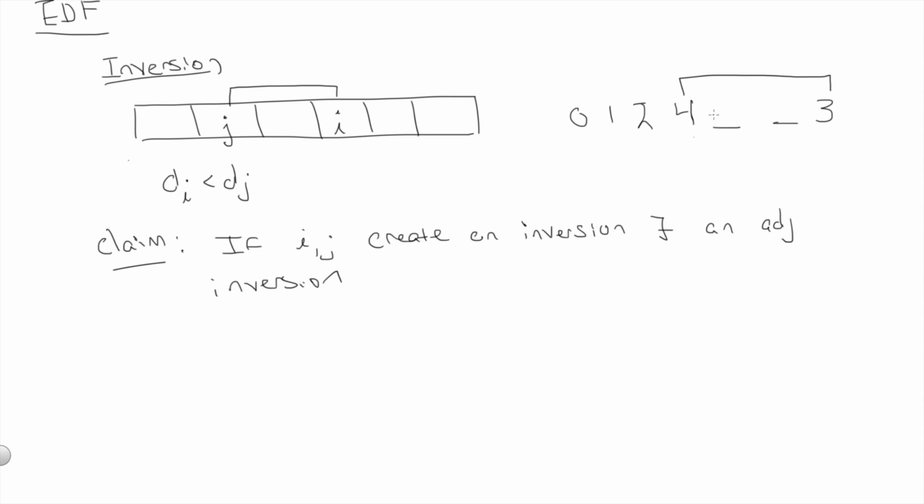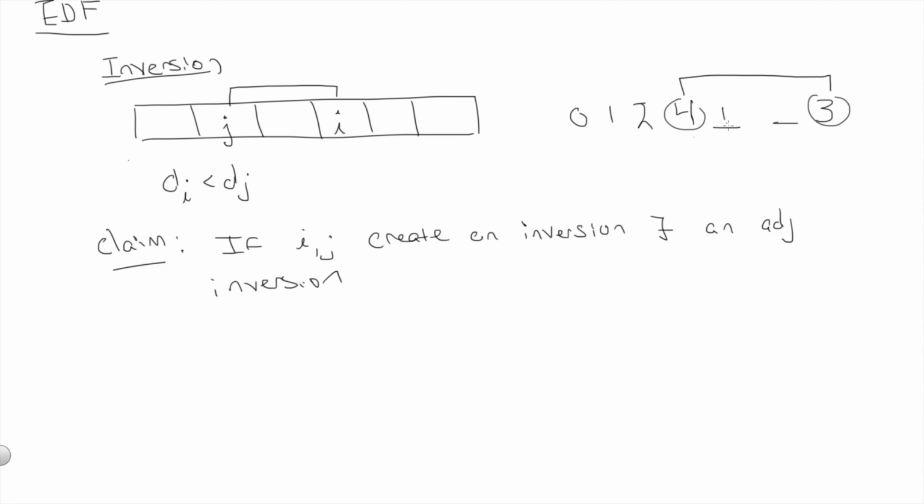So what does that mean? In order to get from 4 to 3, either you're going to go 5, you're going to continue ascending here, and then over here, if you keep on ascending 6, there's an adjacent inversion right here. It goes from 6 to 3. On the other hand, if you had a 2 here, then there would be an inversion right here from 5 to 2.